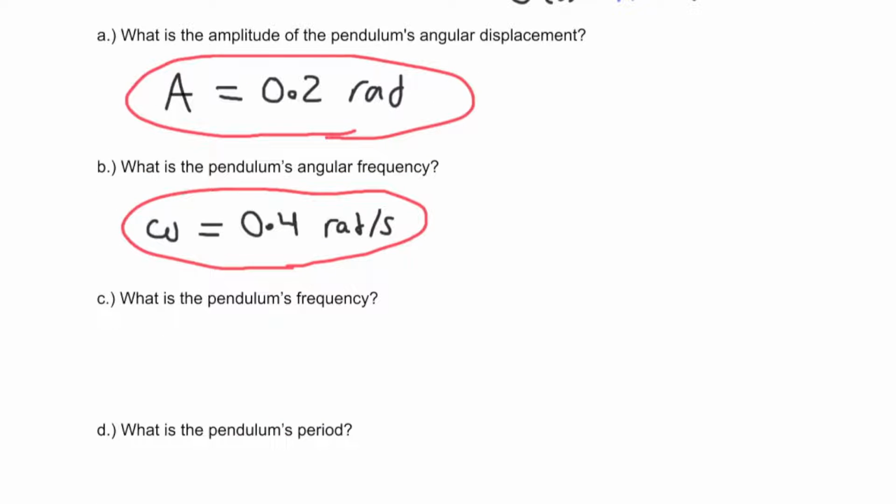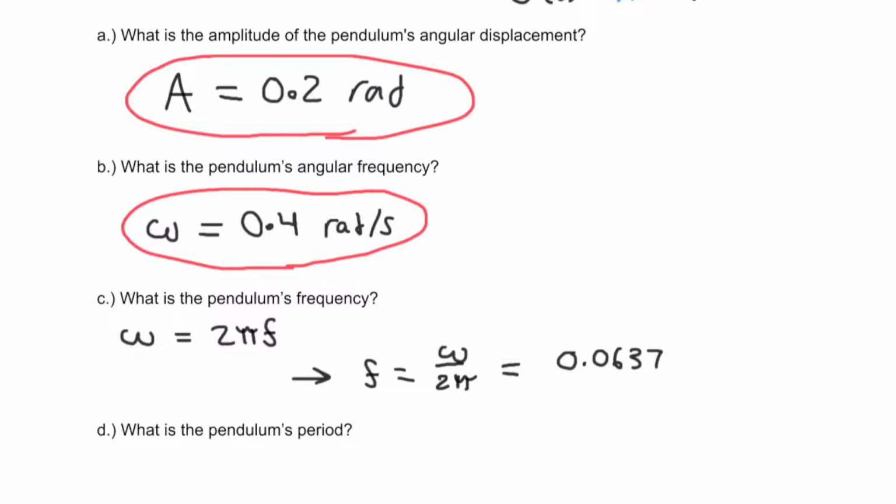Then the frequency of the pendulum, well, we know that omega is 2 pi f, which means that the frequency is just going to be omega divided by 2 pi, which is going to be equal to, after plugging in, 0.0637 per second, which is the same as a hertz.